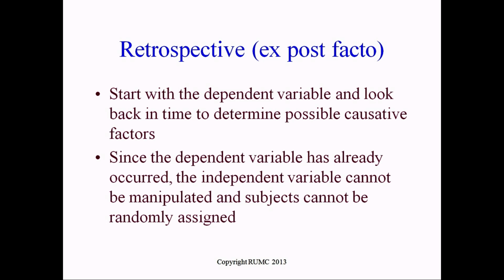The dependent variable in this case would be whether they were alive or not, whether they died of sudden death syndrome or did not. And you would look back to see what might have resulted in one group dying from this syndrome and another group not dying from this syndrome. What might be causative factors?